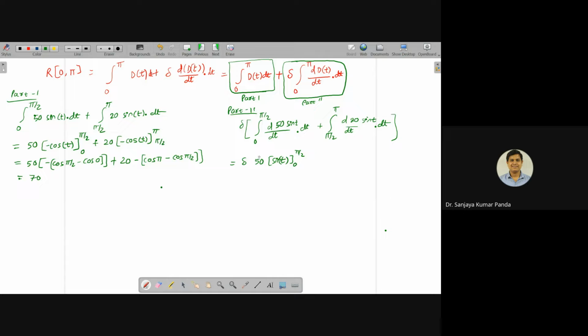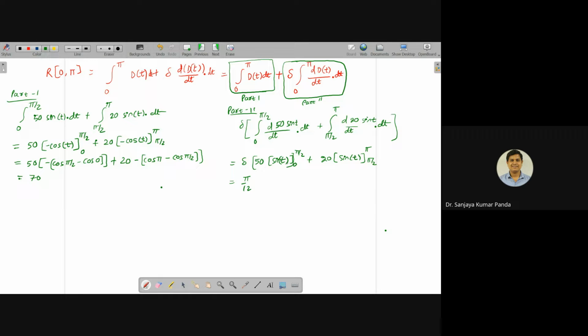Plus 20 sin t, from pi by 2 to pi. And what is the delta value? I told you delta value is pi by 12.